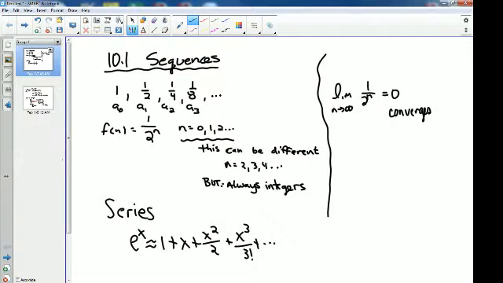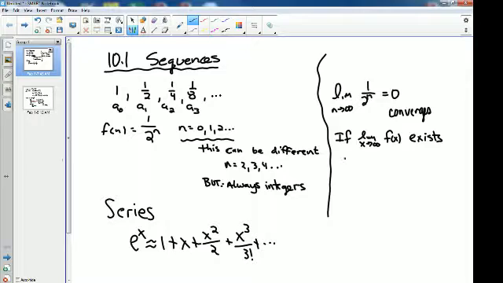And here's a really neat theorem. If the limit as x approaches infinity of f of x exists, so we've got a function there, right?